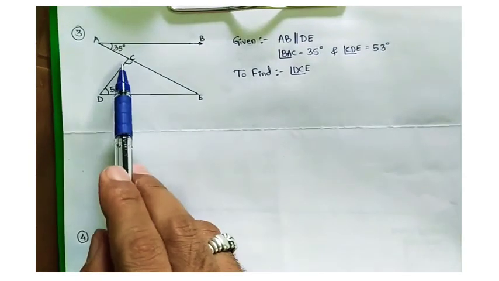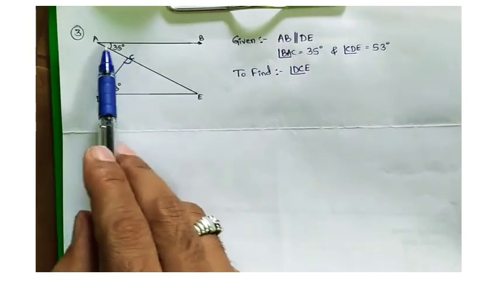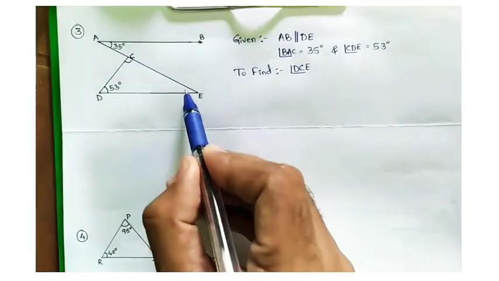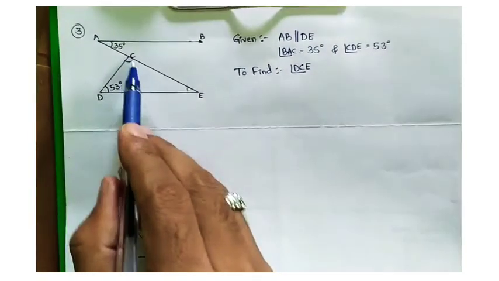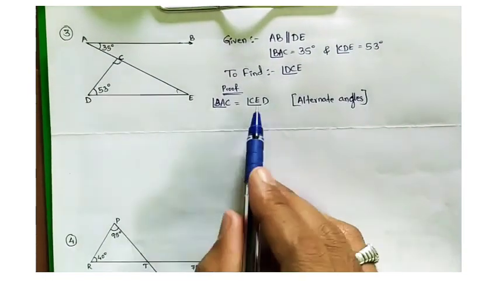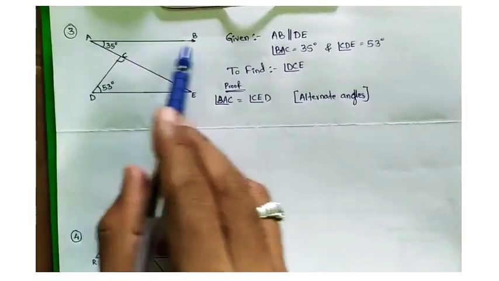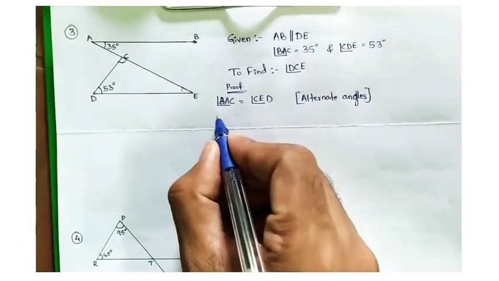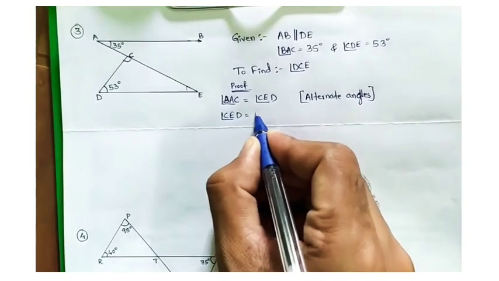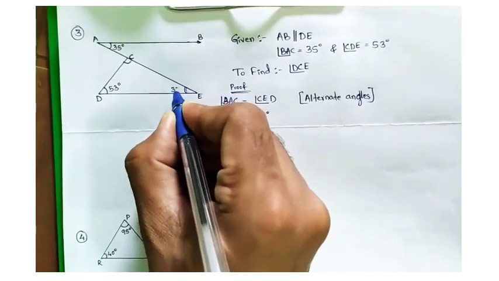Here, AB is parallel to DE, it means the angle BAC is an alternate angle to CED. BAC equal to CED, those are alternate angles where AB is parallel to DE. So then we will get CED equal to how much? 35 degrees. So this is 35 degrees.